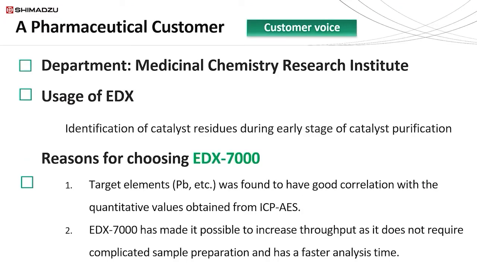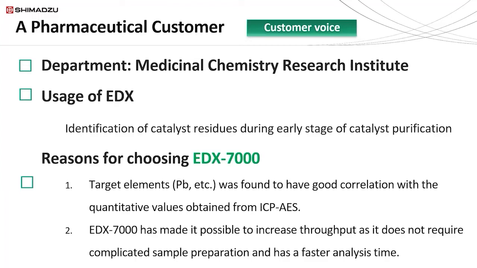So I'm going to be talking about two customers that use the XRF system to meet specifications within the USP guidelines. We're leaving both of them nameless. One is a medicinal chemistry research institute. They use it to identify catalyst residues during the early stage of catalyst purification. The target elements, lead, class 1 elements, were found to have good correlation with their ICP atomic emission systems.